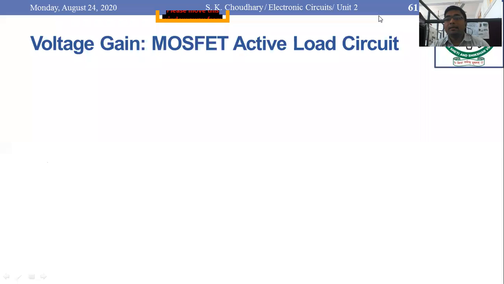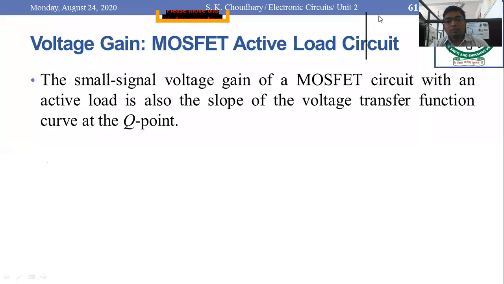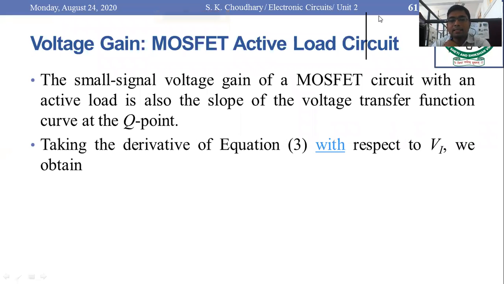So, the voltage gain of the MOSFET active load circuit. The small signal voltage gain of the MOSFET circuit with an active load is the slope of the voltage transfer function curve at the Q point. Taking the derivative of equation 3 with respect to Vi, we obtain the voltage gain equation.